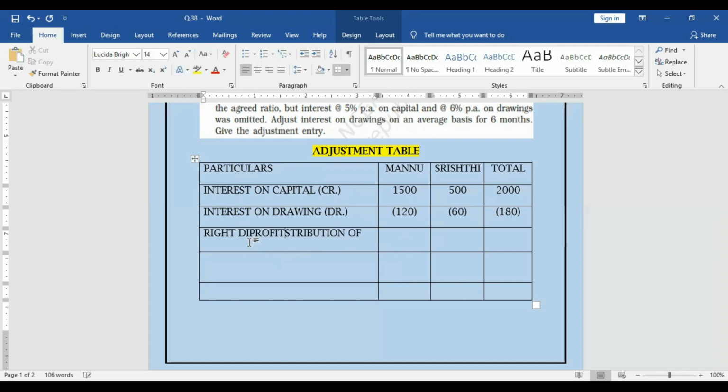So the right distribution of profit is 1,500 minus 120, that is 1,380. And the right distribution for Srishti is 500 minus 60, so that is 440. The total is 1,820. So this is the right distribution, therefore this has to be credited.